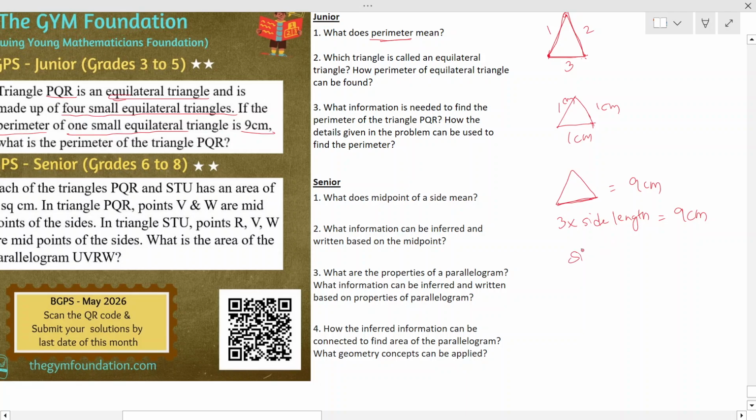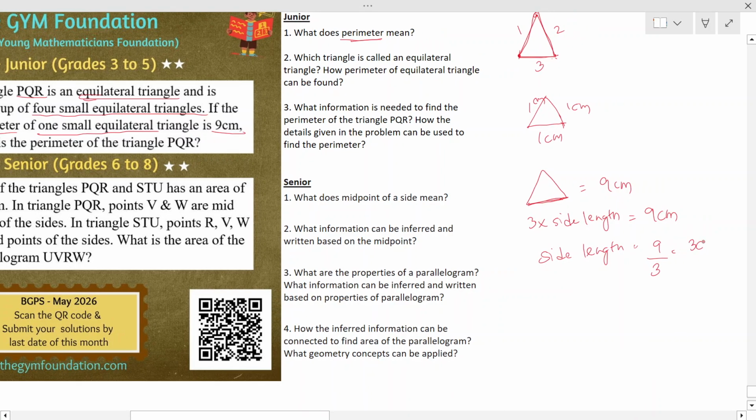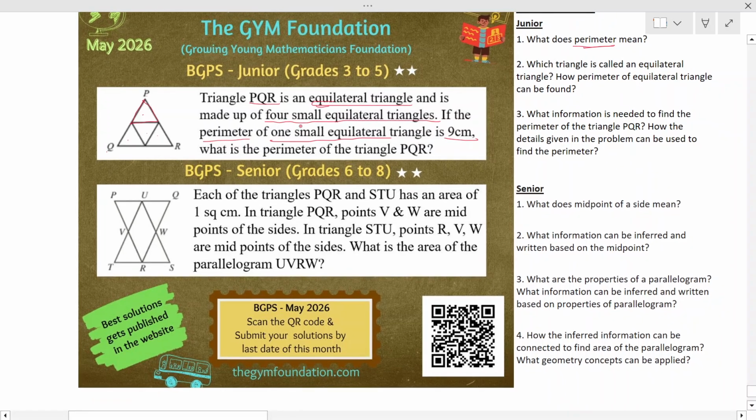So what is one side length? One side length will be 9 divided by 3, and that is 3 centimeters. So each side length is 3, 3 and 3, and therefore the perimeter is 9 centimeters. Now you know that this is 3, this is 3 and this is 3.